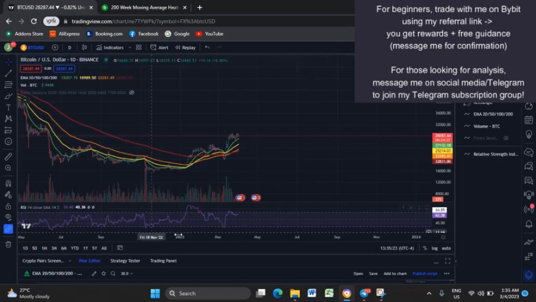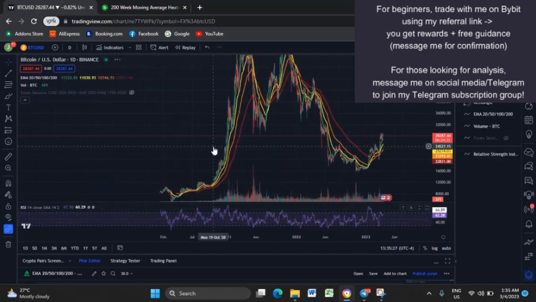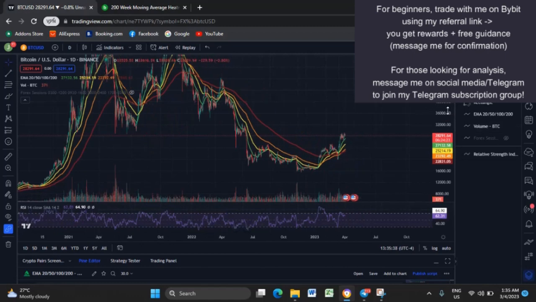Then we may see what happened like in 2020 to 2021 again, right? A bull trend, so long as all are sloping upwards and the green moving average is above the rest.